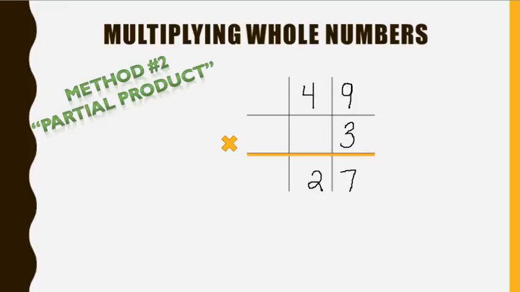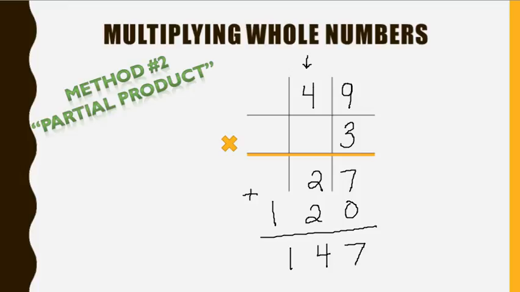And then you're going to multiply 3 times this 4, but this 4 really is 4 10s, right? So it's the same as 40. So you would say 3 times 40, which would be 120. And then you just add those two. So that also takes some getting used to, but it works consistently. If you like that, go for it.